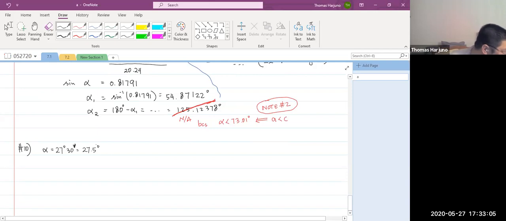That's alpha. And side A is 28.1. Angle beta is unknown, side B is unknown, angle gamma is unknown, but side C is 52.8.